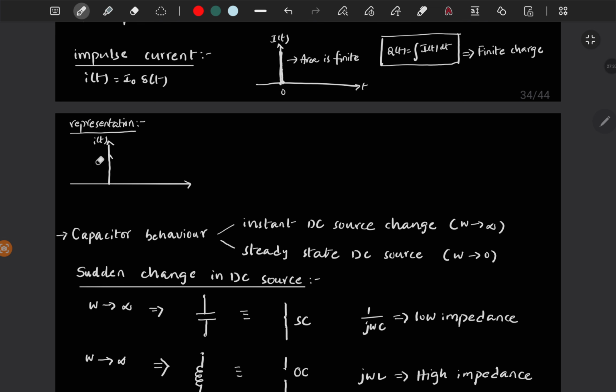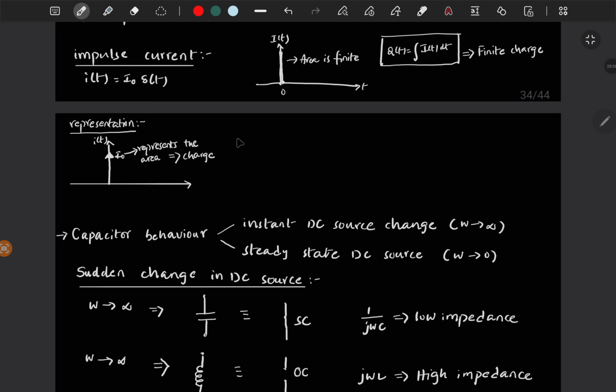We represent it with an arrow symbol. So this is what the impulse current means. And if you write the magnitude, then this represents the area under the curve, which means the charge.